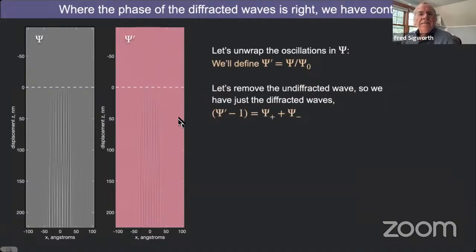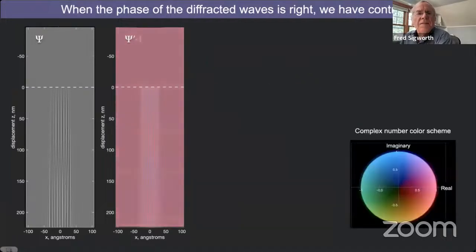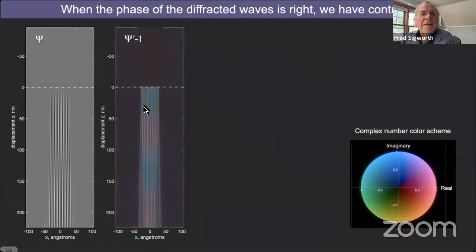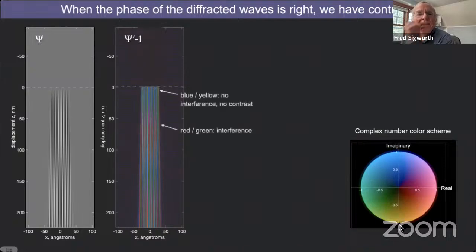Now the next trick is let's get rid of the undiffracted waves so we can see what those 2 diffracted waves are doing. So here they are, and you can see I've colored them according to phase, and you can see up here, yes, they're imaginary. We see blue and yellow, meaning it has an imaginary amplitude, and here is red and green.